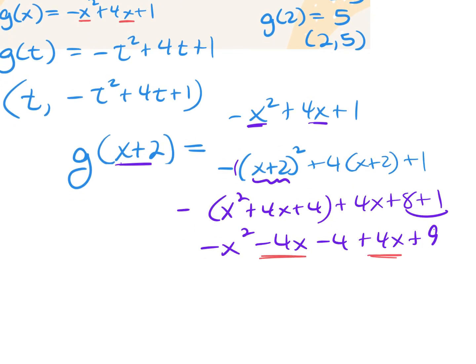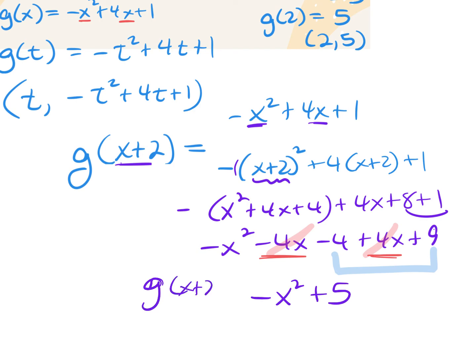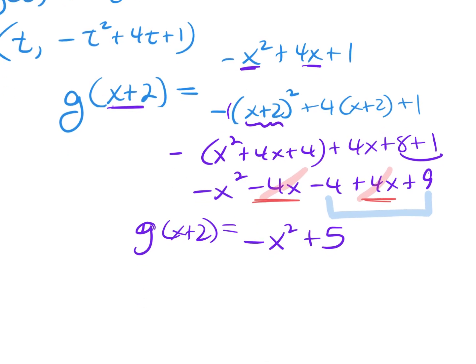Notice these are the same, so these are going to cancel. And then I can add the negative 4 and the 9. Nothing to combine with the negative x squared, and I'm done. So g of x plus 2 is equal to that, and written as an ordered pair, x plus 2, and then negative x squared plus 5.